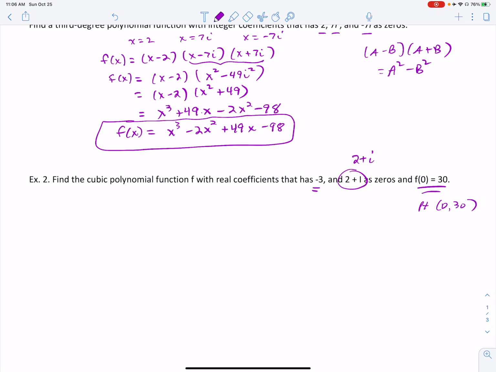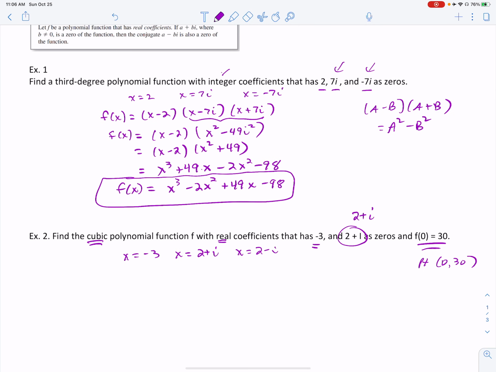But you have to know that if 2 plus i is a zero, and it's cubic, your roots are x is negative 3, x is 2 plus i, or x is the conjugate. You have to know that they come in complex conjugate pairs since it has real coefficients. And by the way, they said integer coefficients up above.